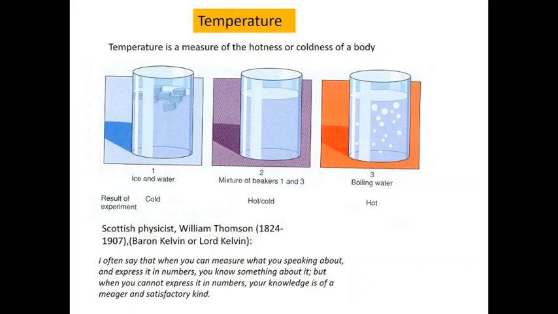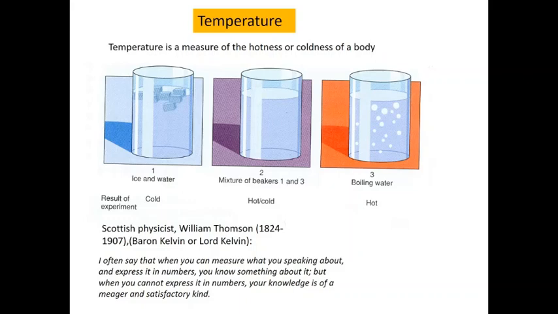The first time we conclude that it's warm. The second time we conclude that it's cold compared to the boiling water. So the definition that temperature is the measure of hotness or coldness is not so clear, because we have 2 conclusions about the water in the second beaker.